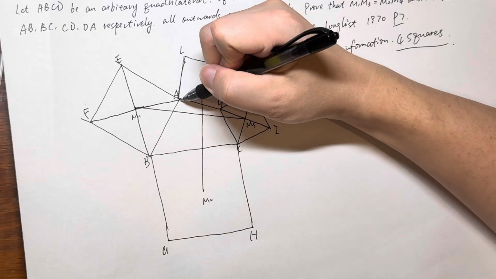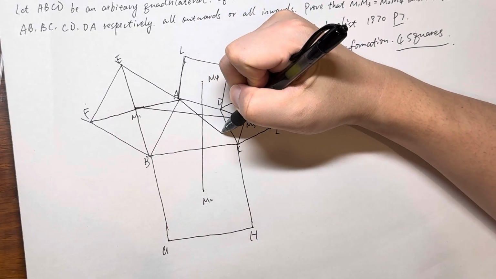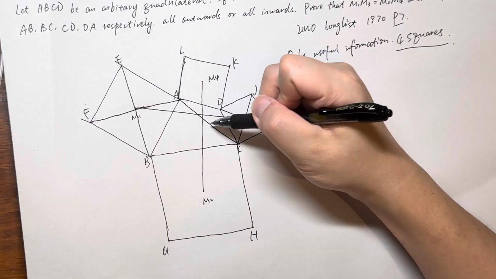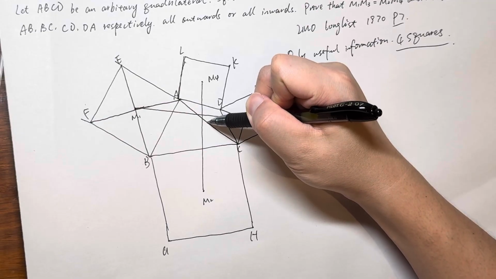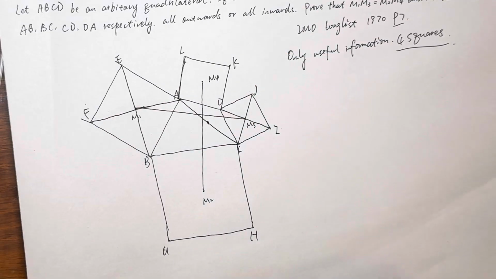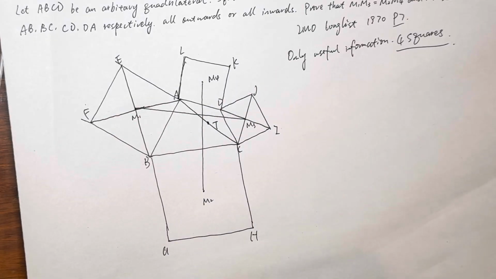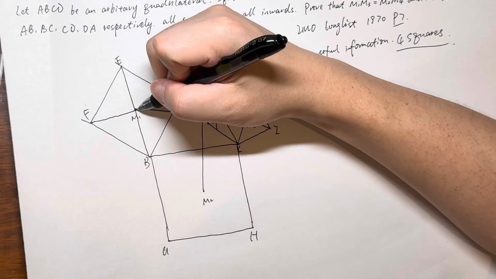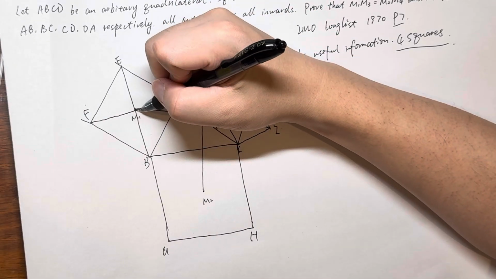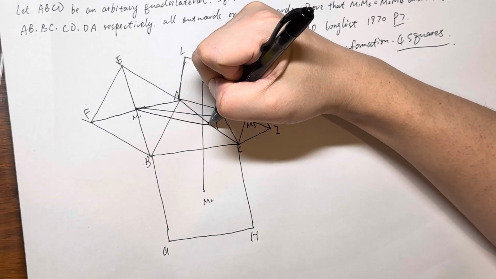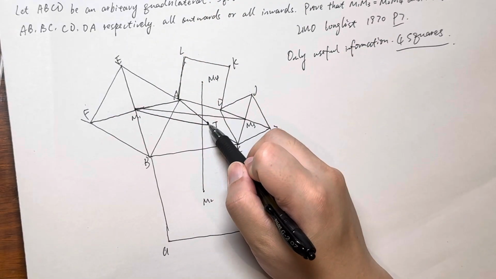So let's connect AC here, and find the midpoint of AC. Let's call this point T. Now we connect M1T and connect M3T.